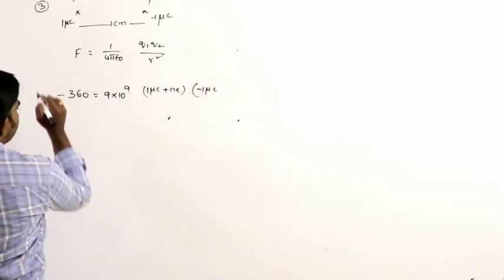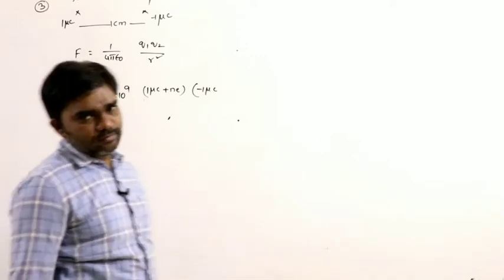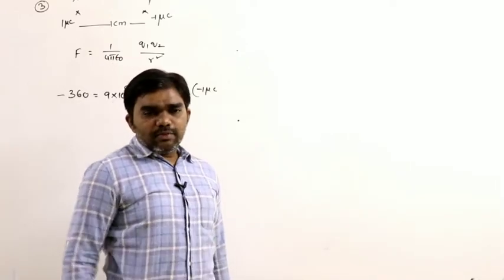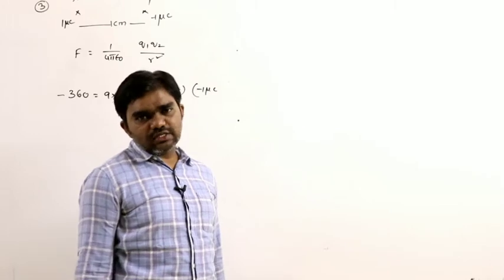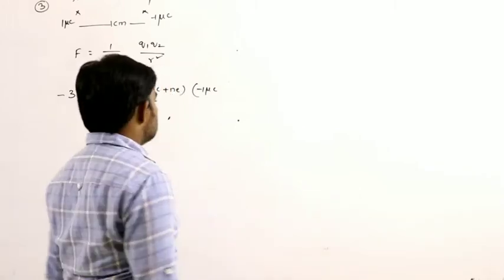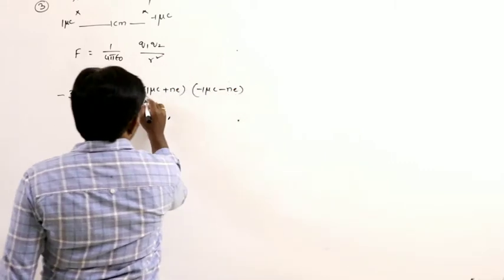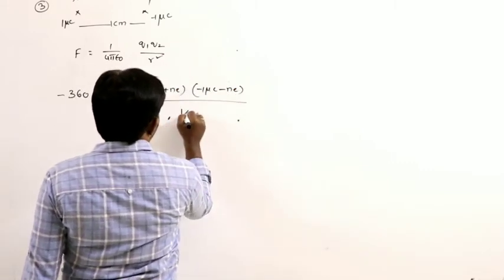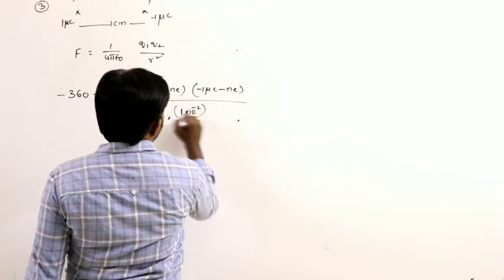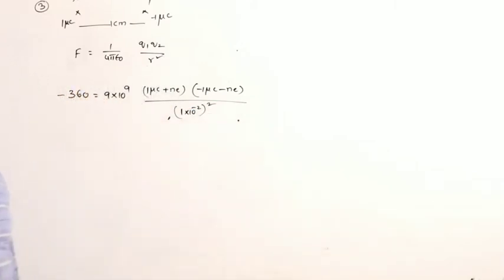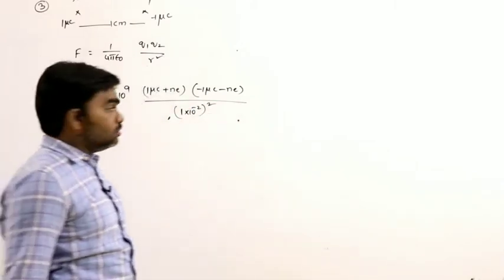This is a force of attraction: let us say repulsive force is plus 360, attractive force is minus 360. Divided by r square, 1 into 10 to the power of minus 2 whole square.